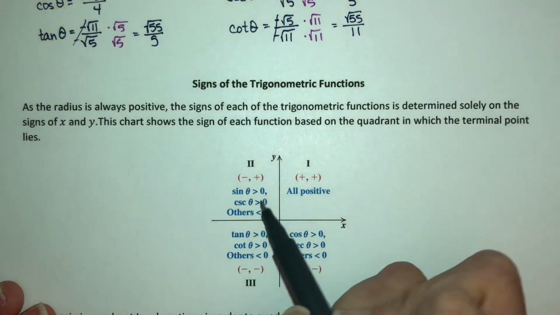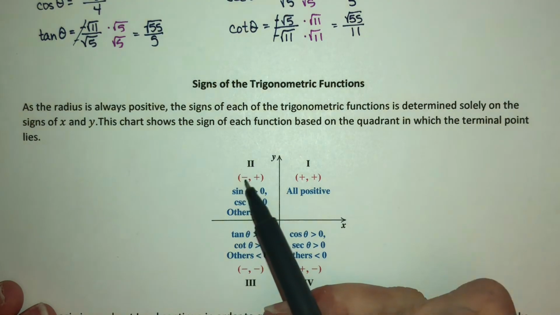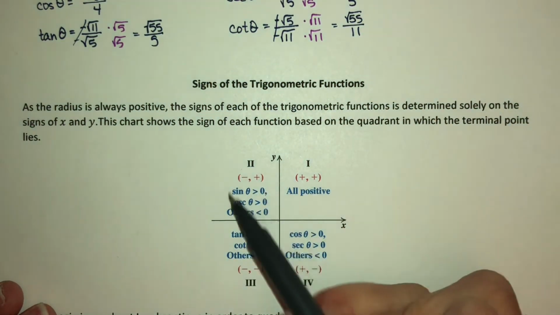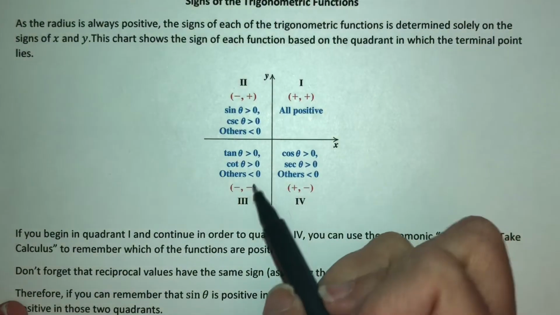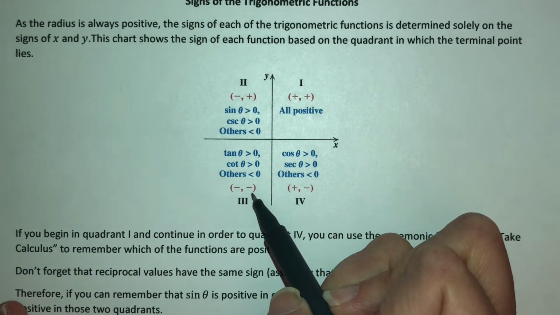Now, everything else, cosine, secant, tangent, and cotangent, they all involve an x value. And since x is negative, those values are going to be negative in quadrant 2. Okay? Now here in quadrant 3, both x and y are negative.